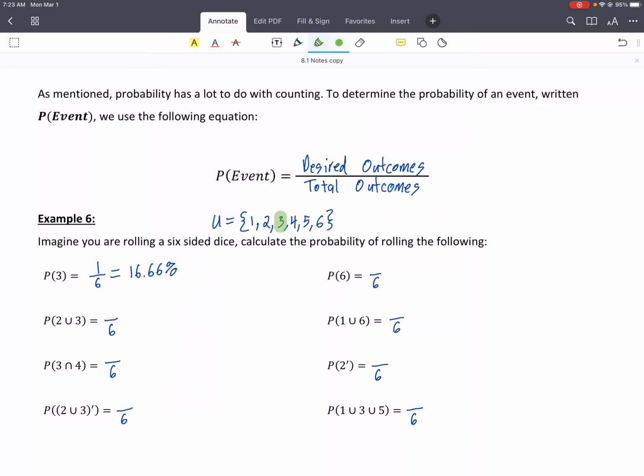Okay, probability of a 6. So here we are, only one possibility of a 6, so we got a 1 out of 6 chance, which is again 16.66%.